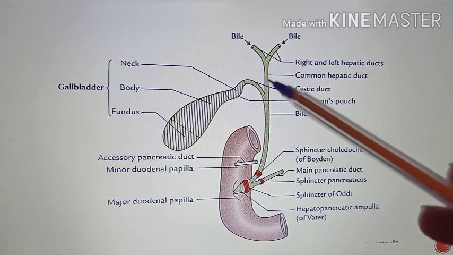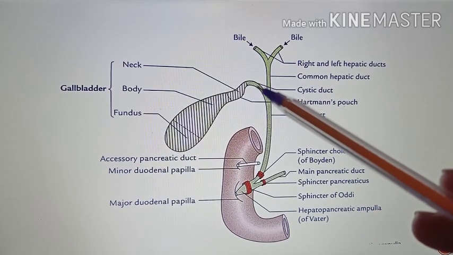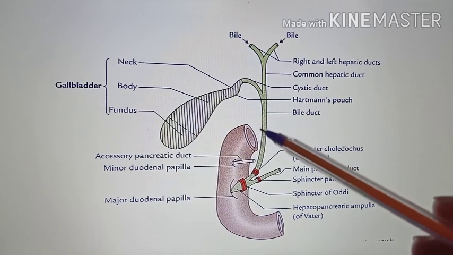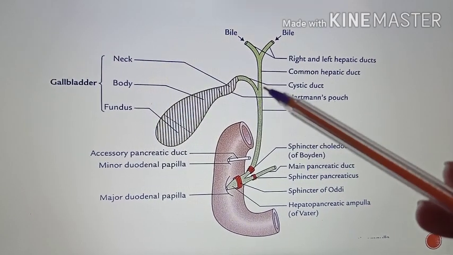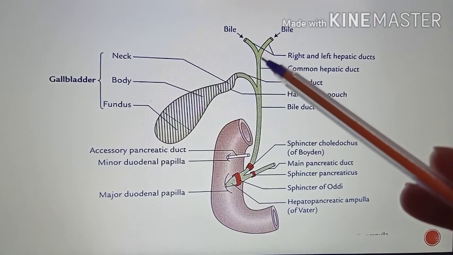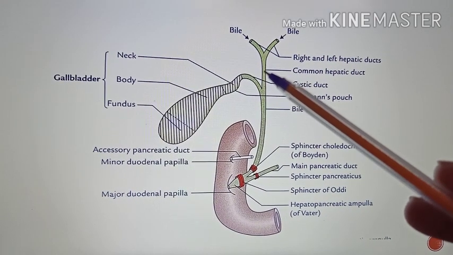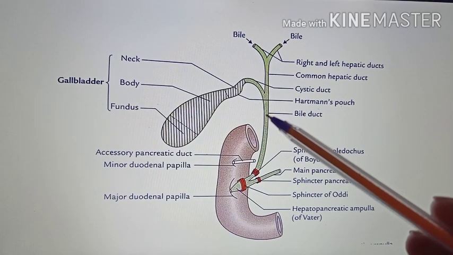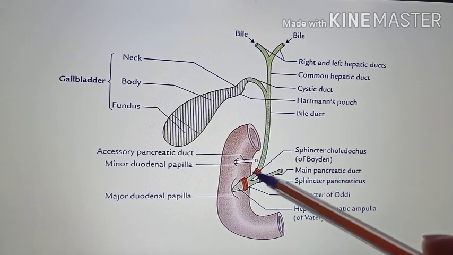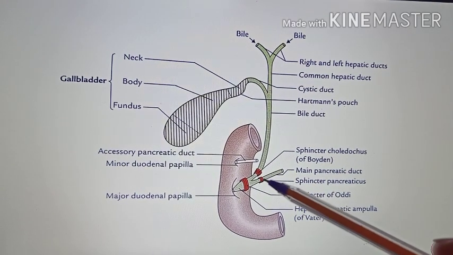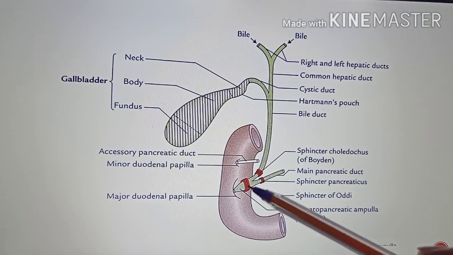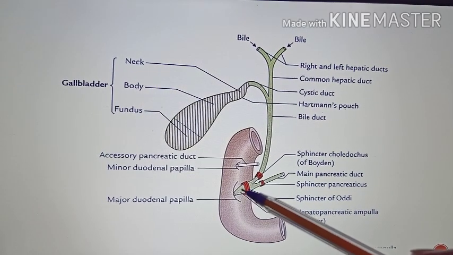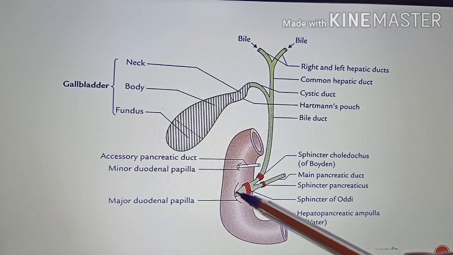The common hepatic duct joins with the cystic duct coming from the gallbladder, and they form the bile duct. So the right and left hepatic ducts form the common hepatic duct, and the common hepatic duct joins with the cystic duct to form the bile duct. This bile duct joins with the main pancreatic duct, and they form the hepatopancreatic ampulla, which opens into the major duodenal papilla.